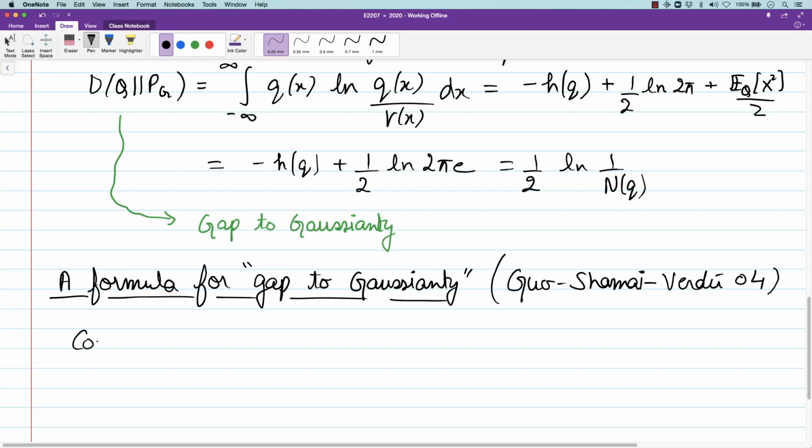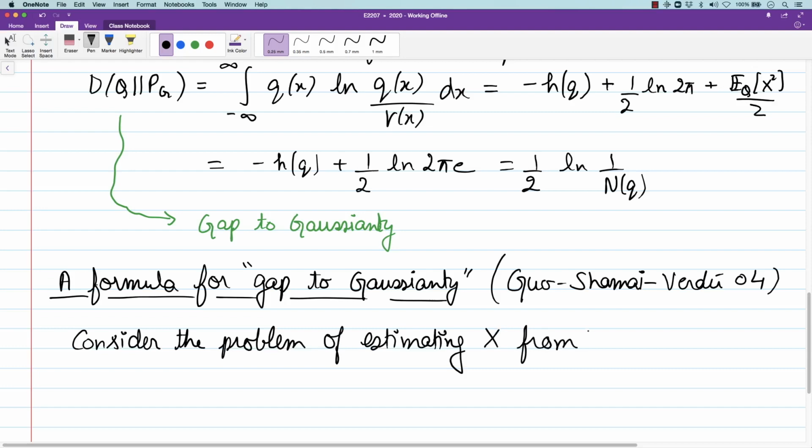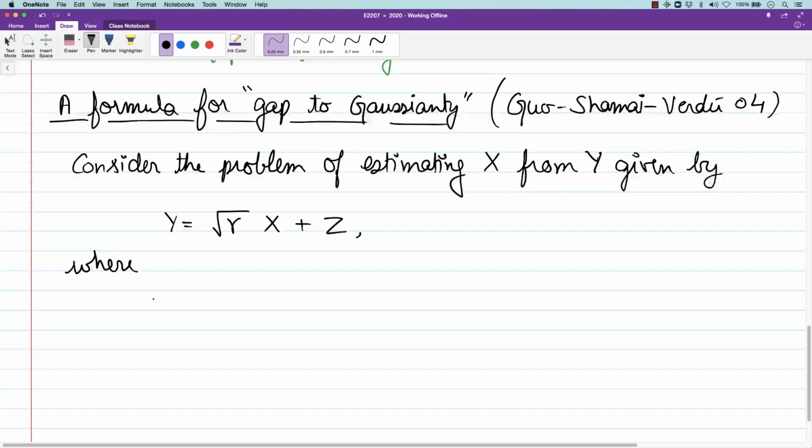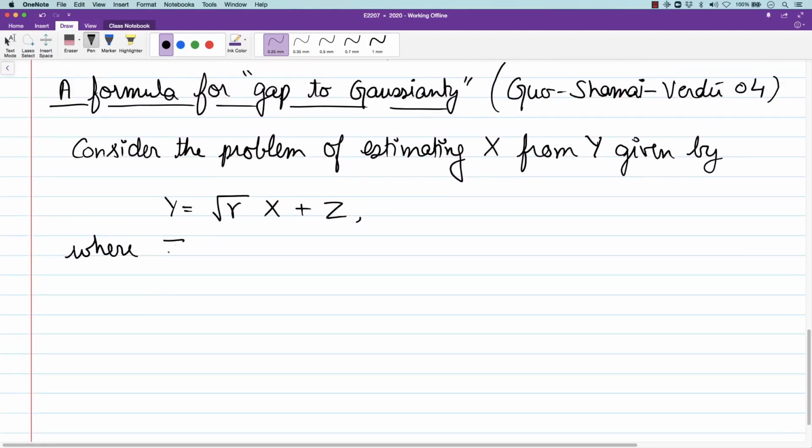Consider the problem of estimating x by using observation y given by y equal to square root gamma x plus z, where z is a standard Gaussian random variable that is independent of x.